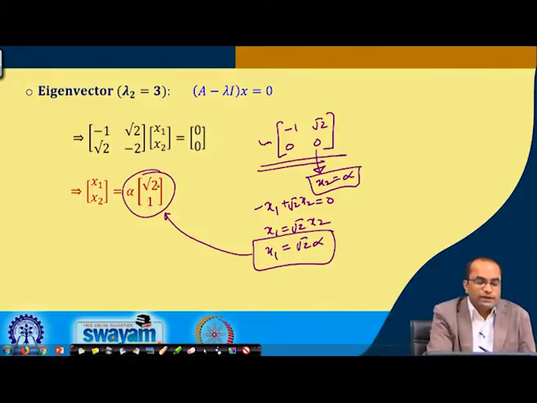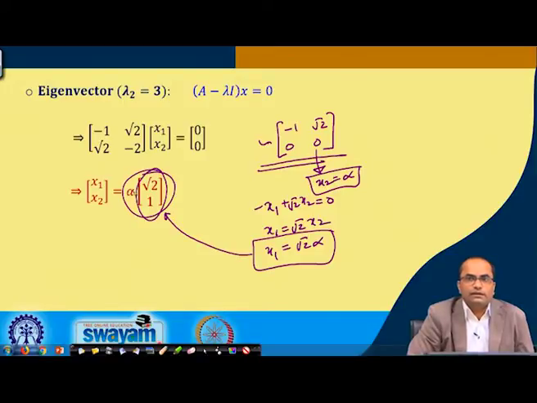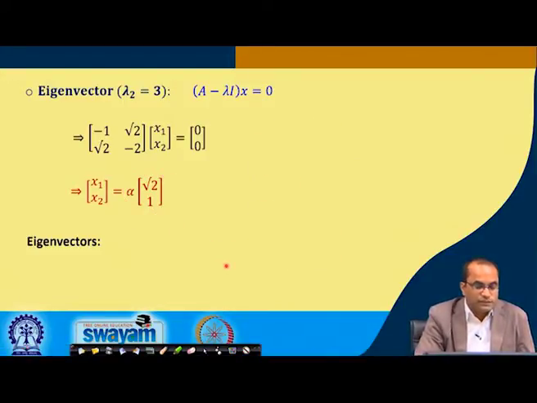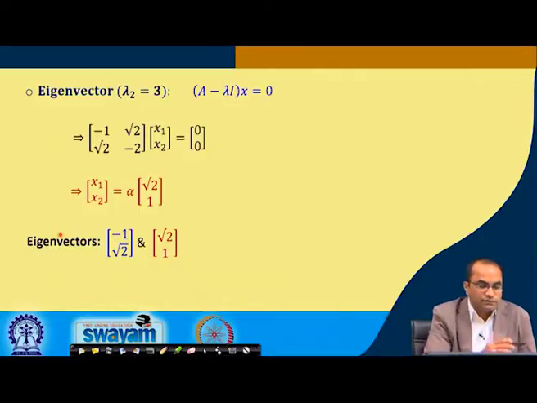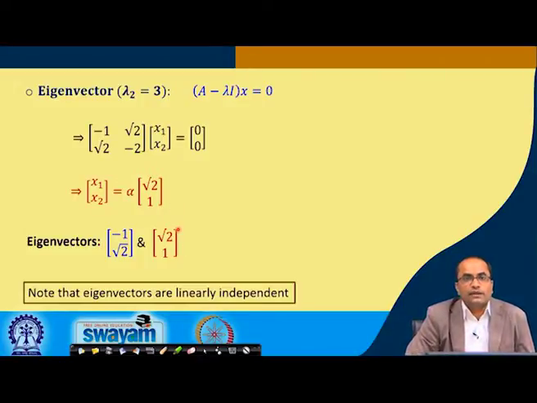So, this is another vector, and any multiple of this, square root 2, 1, we can take as an eigenvector. In this case, the eigenvectors corresponding to the 0 was minus 1 and square root 2, and here we have square root 2 and 1.